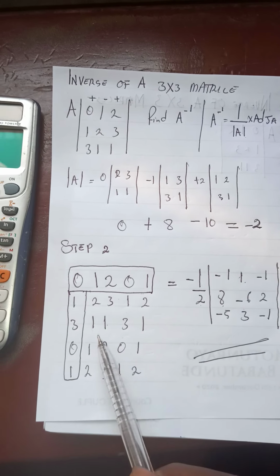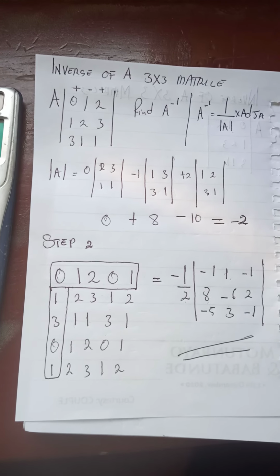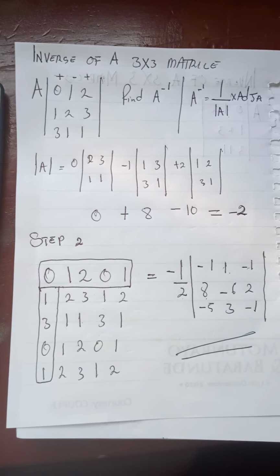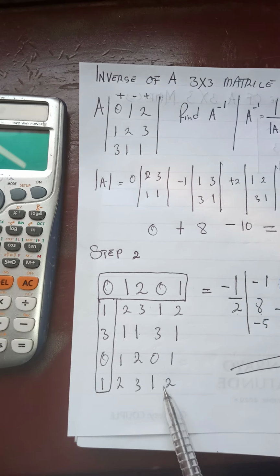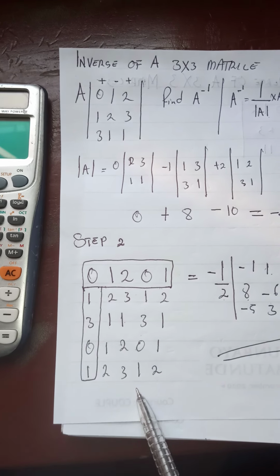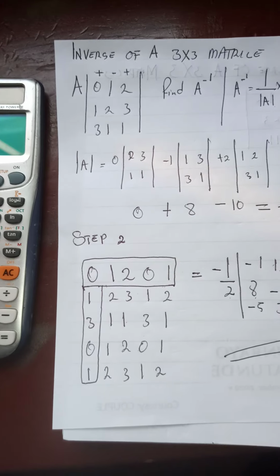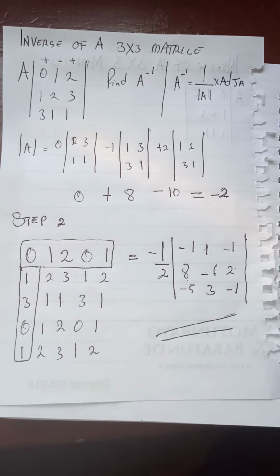Sorry, 3 times 1, which is 3. 3 minus 4, that is minus 1. 1 times 2, 2. 3 times 0, 0. So we have this as 2. And finally, for the last part, 2 times 0, 0. 2 minus 1, that is 1.